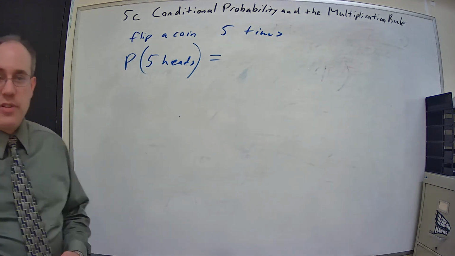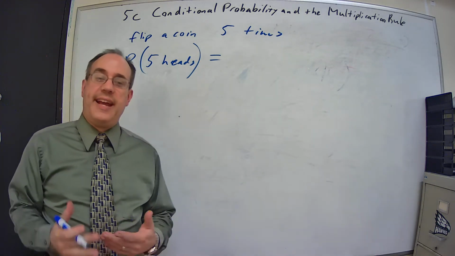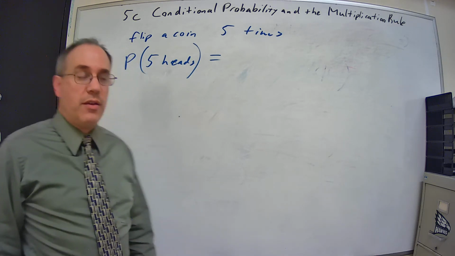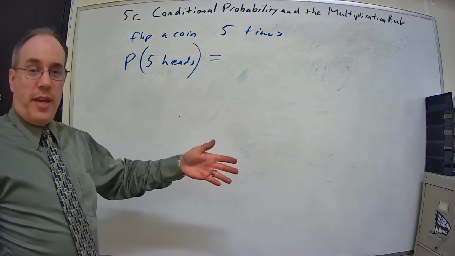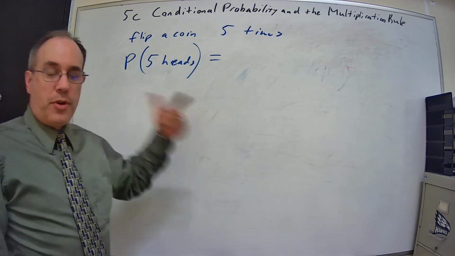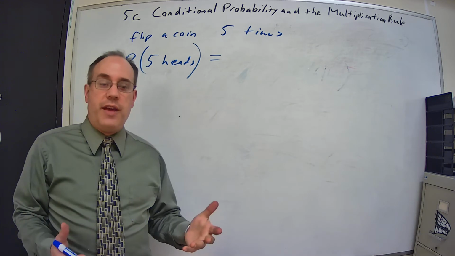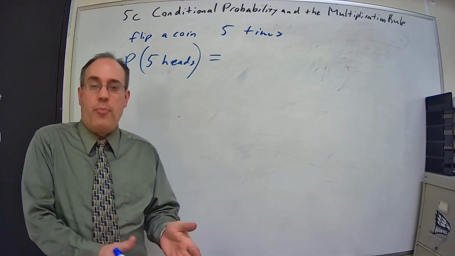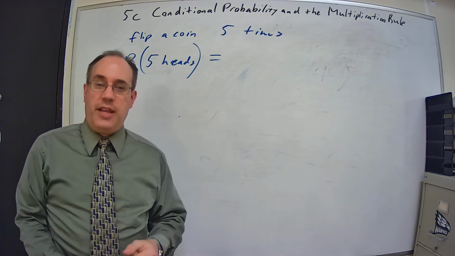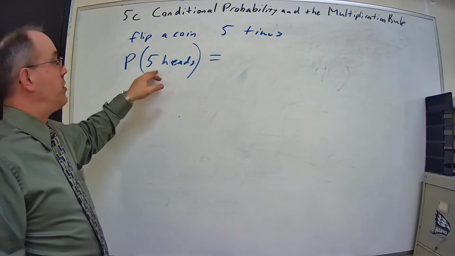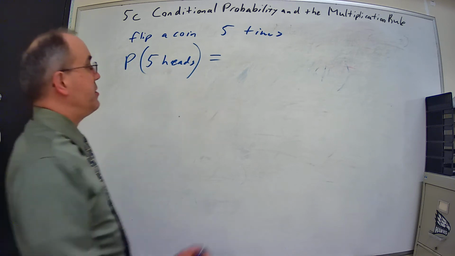So I flip it 5 times, I want to know the probability that I get 5 heads, or that I get a head each time. Well, the multiplication rule, first of all, we look at it and say, well, every time I flip a coin, it's an independent event. Doesn't matter what happened before, I still have a probability of 1/2 of getting heads. So if I flip a coin 5 times, what's the probability of me getting 5 heads?